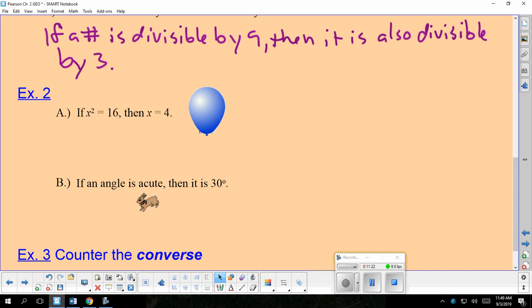If x squared equals 16, then x equals 4. You would come up with a counterexample for that, a statement that says that's not always true. Negative 4. Very good.